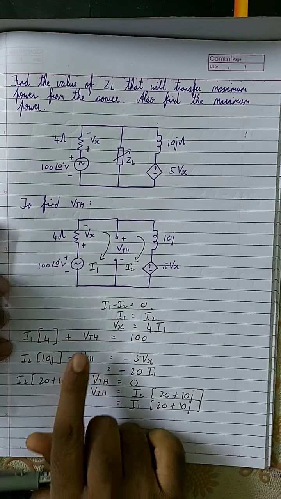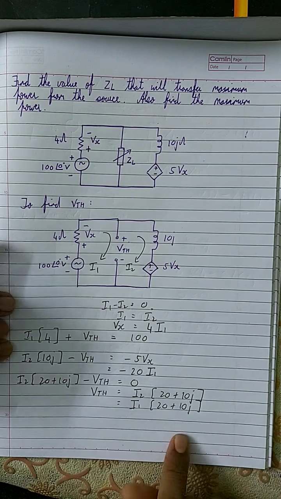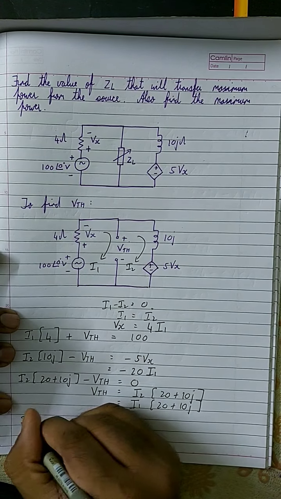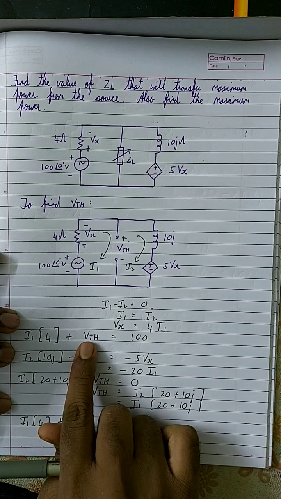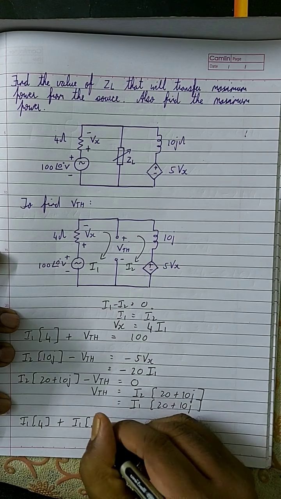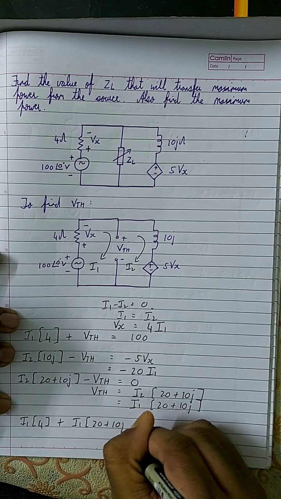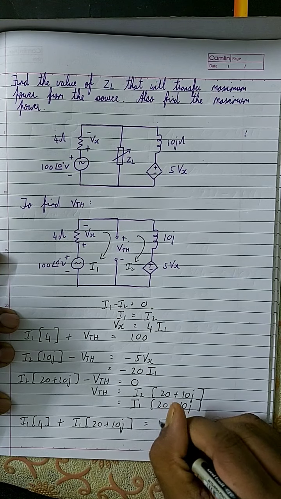So then we can substitute this equation over here. So you will have I1 into 4 plus VTH, where VTH is I1 into 20 plus 10J, is equal to 100.